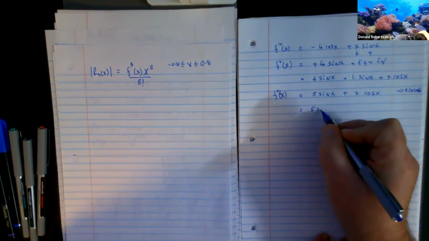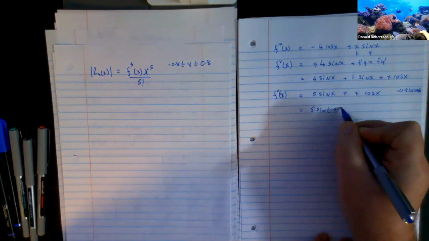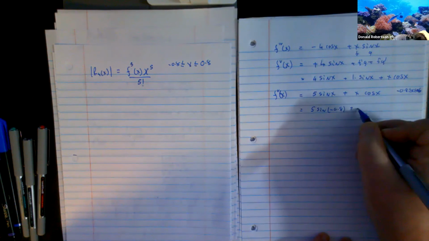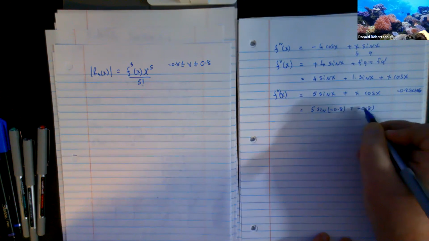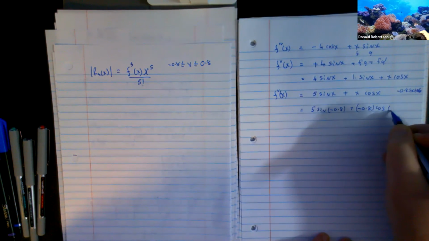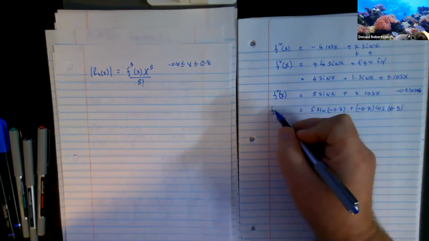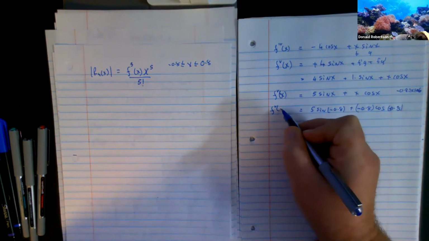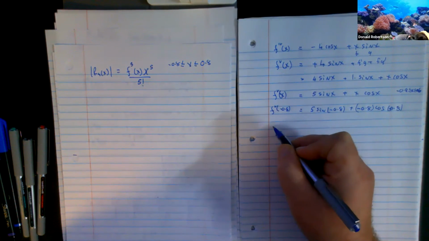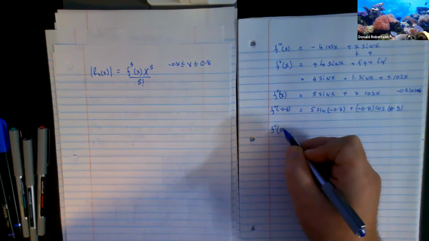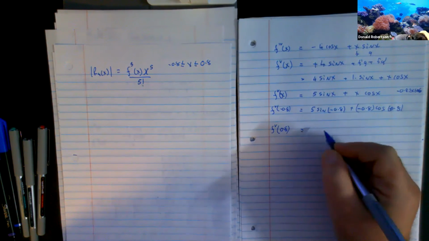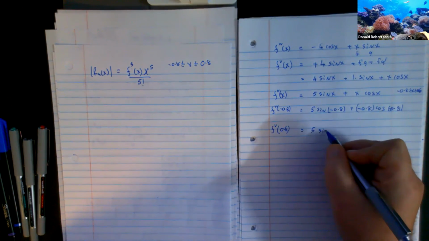So if I'm not sure, I'm just going to evaluate both. So I'm basically going to find what that derivative is at -0.8, and then what the fifth derivative is at 0.8, which is this fella here.